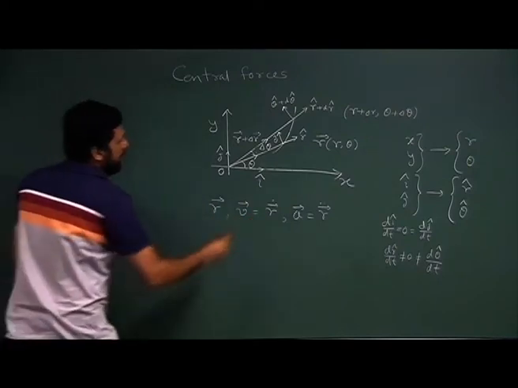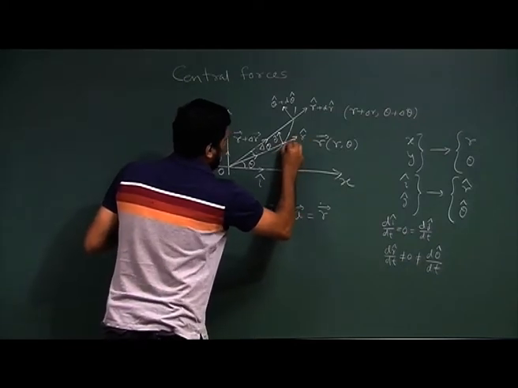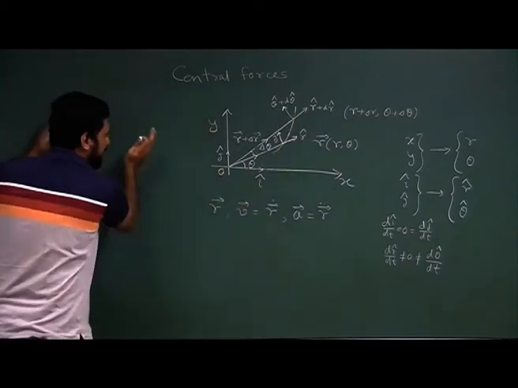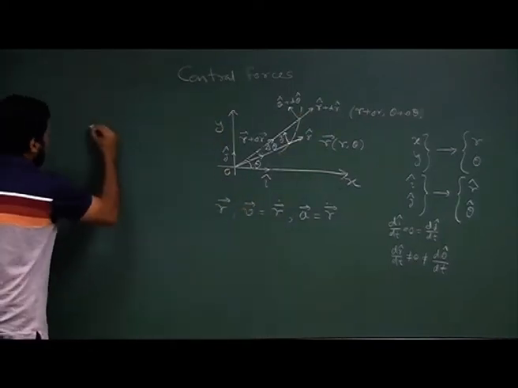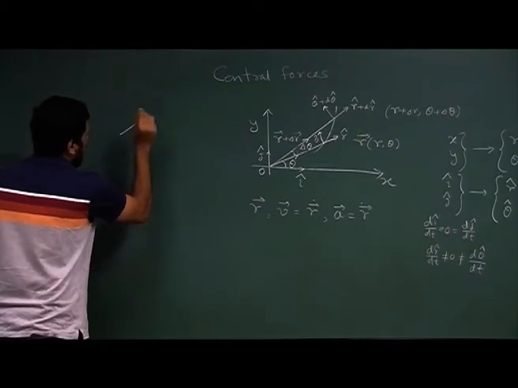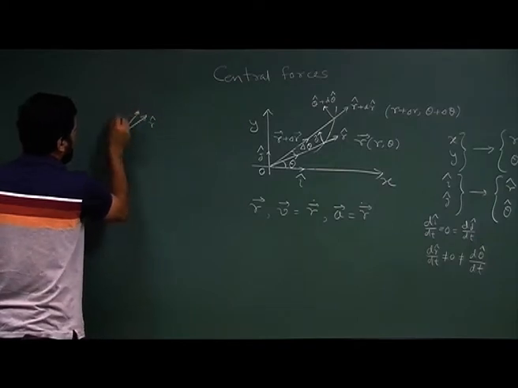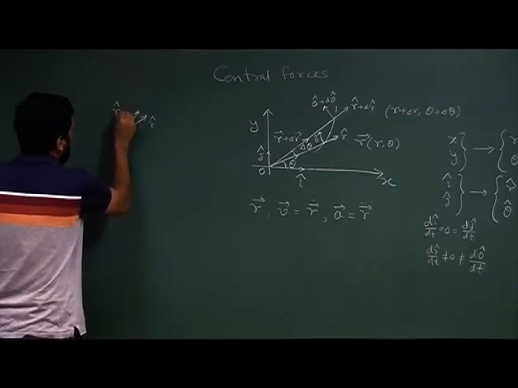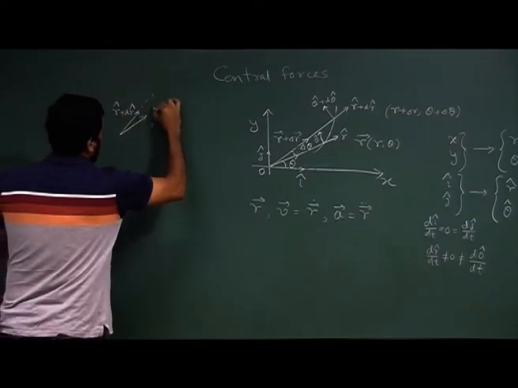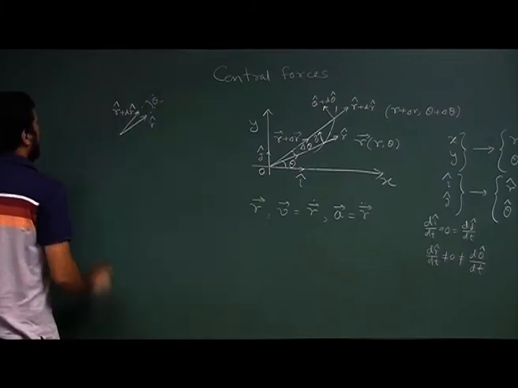Now, if we draw these four unit vectors separately, what do we see? Let us say this is our unit vector r cap, and this is our new unit vector r cap plus dr cap, where theta is this angle.